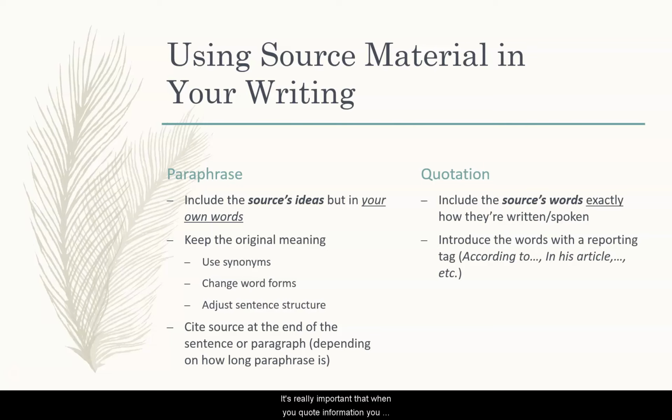Now it's really important that when you quote information, you include the citation at the end of that sentence. Anytime you use a quotation mark, you have to use a citation at the end of the sentence to tell where the information comes from. And words that you've copied directly from a source, you should use quotation marks around them.